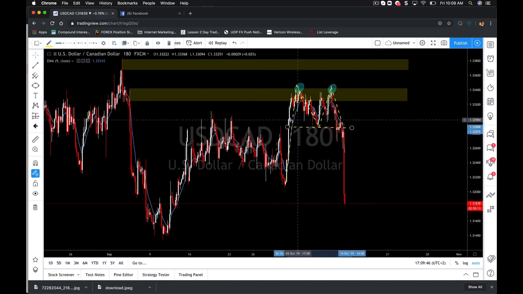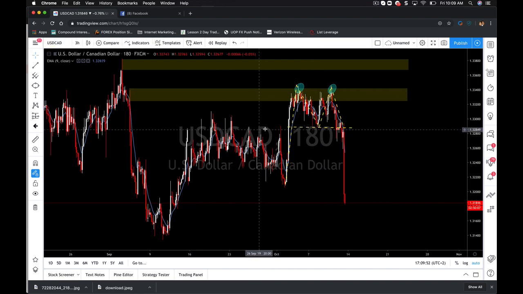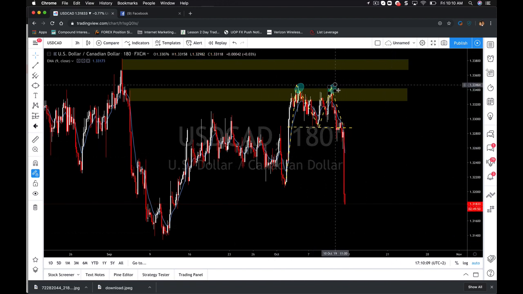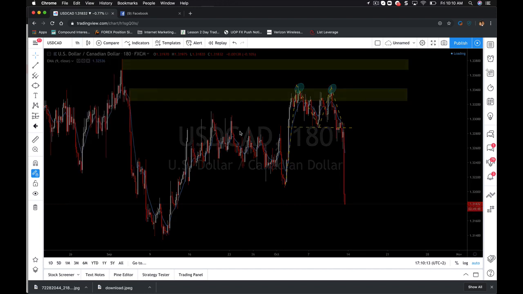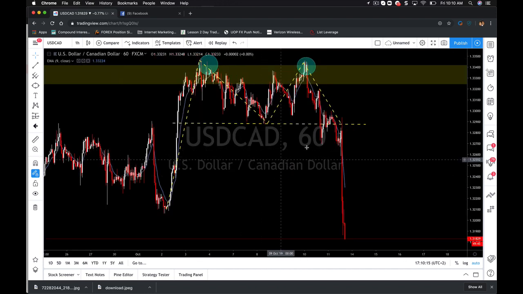These patterns typically happen all the time in the market on various time frames, especially when you have strong moves up that hit certain supply and demand zones. You'll get a pullback, then you'll get a retest, then it comes down to form that M pattern, and it drops, or goes up, vice versa. So that's pretty much it. This is on a 3-hour chart. Let me see how it looks on a lower time frame.